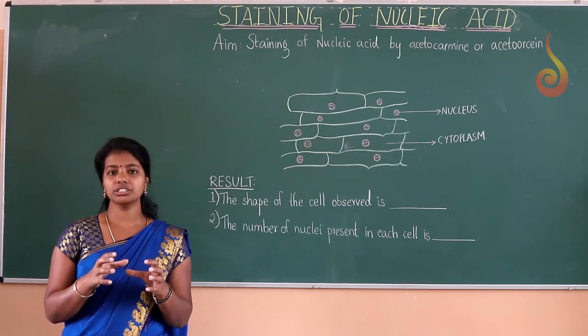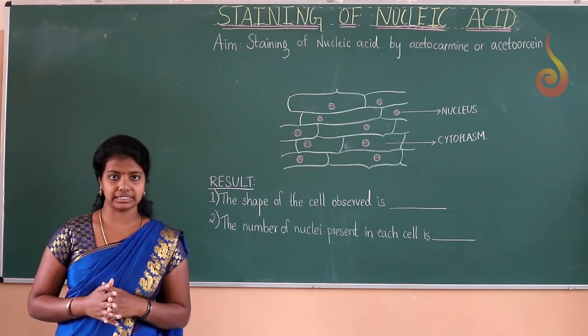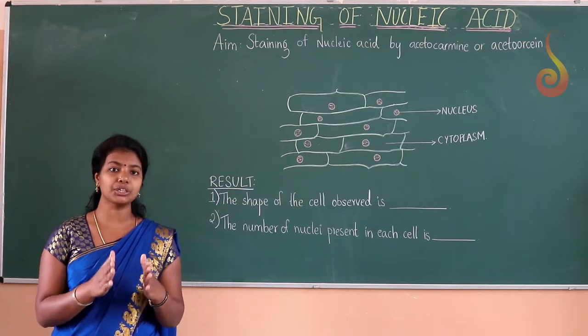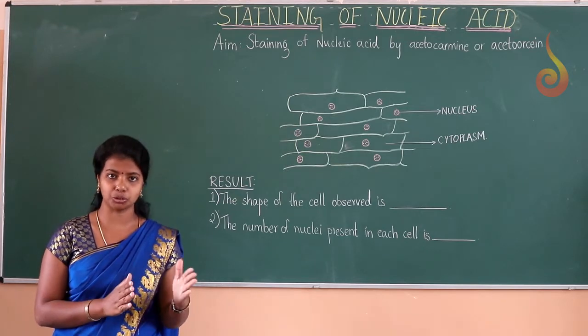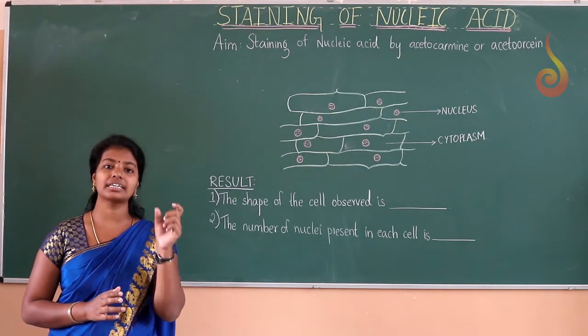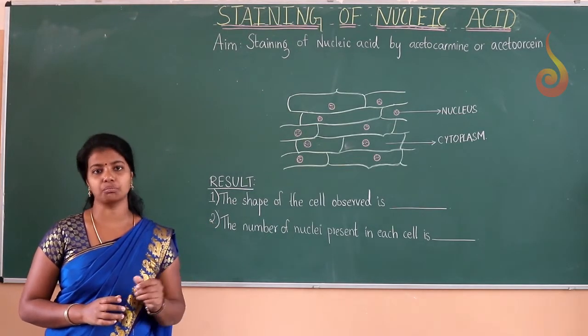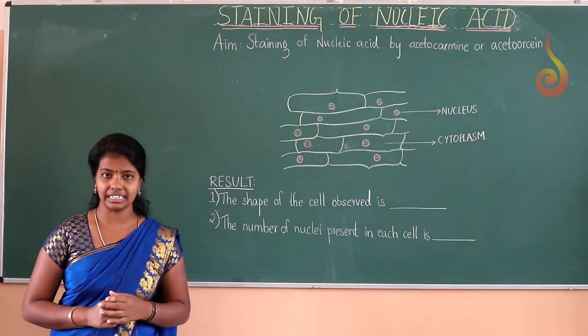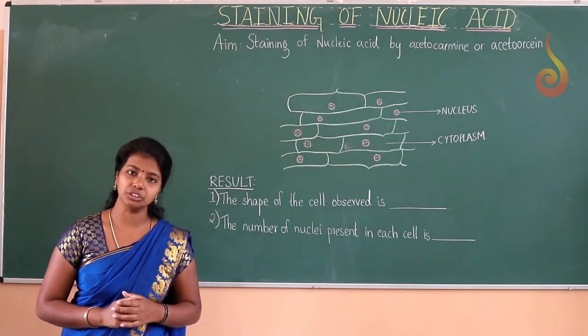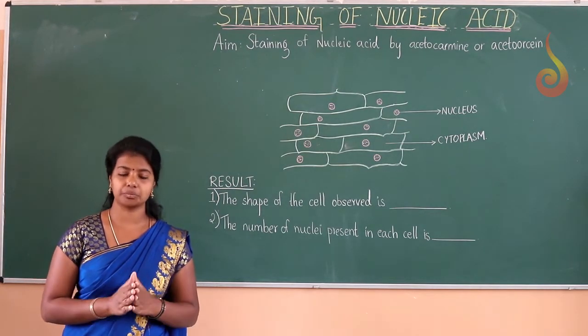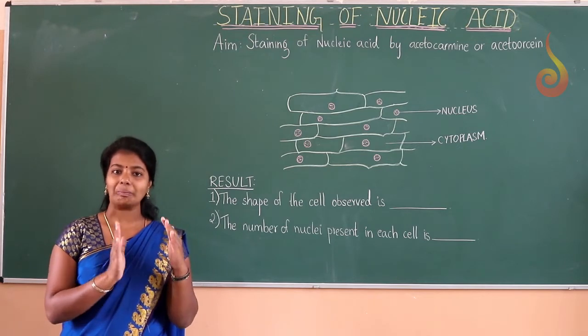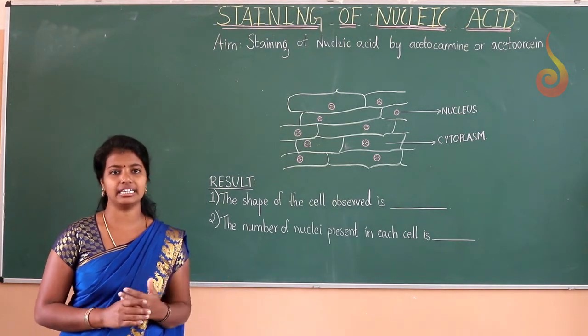Acetocarmine or acetoorcein are mostly used to stain the chromosomes because they are chromatin specific dyes and they readily color the acidic component, that's nothing but DNA, which is present inside the nucleus. So in this experiment, we are going to mainly stain the DNA.